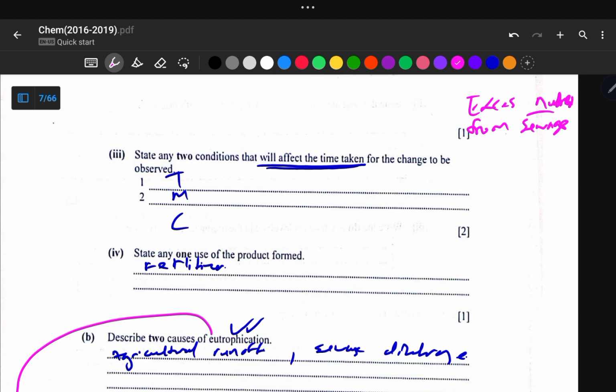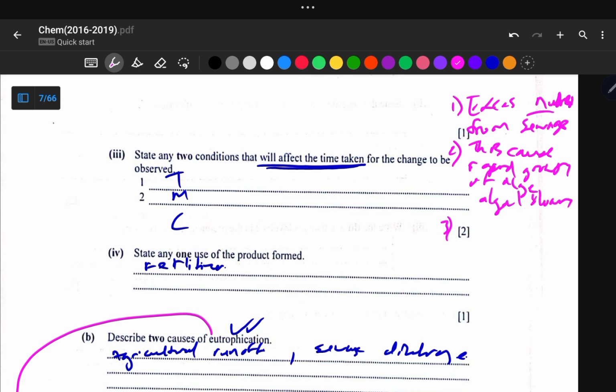And then the second step: this will result in the rapid growth of algae, which is called the algae bloom, right?